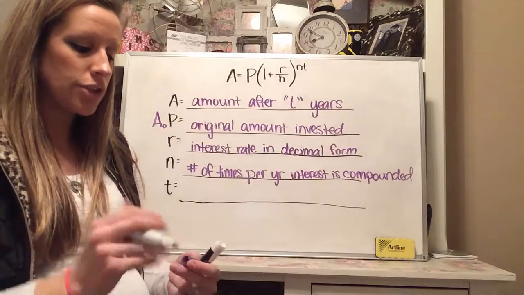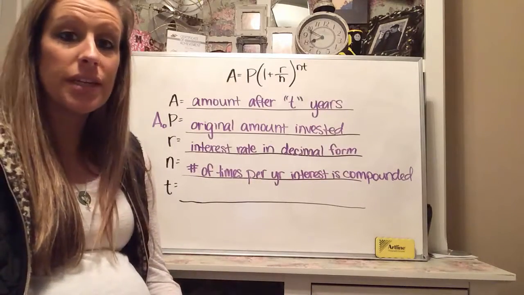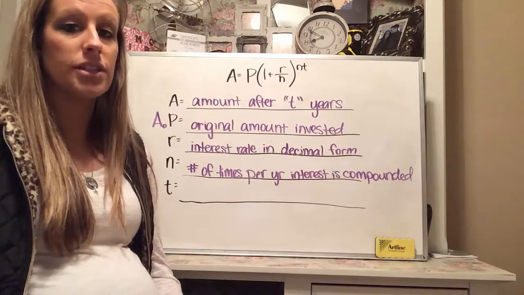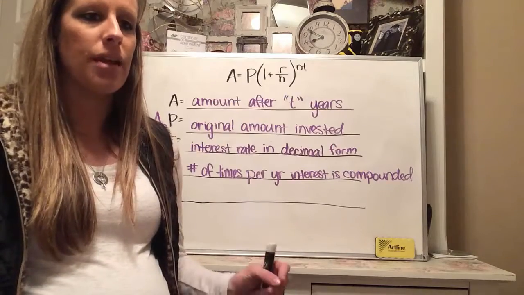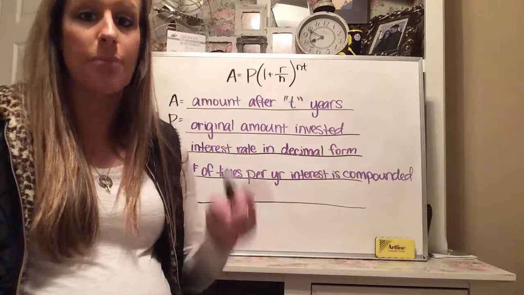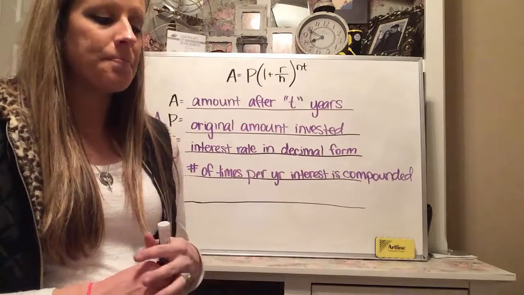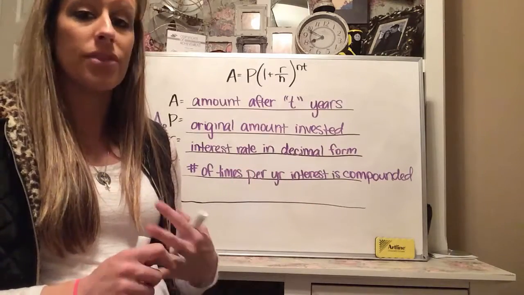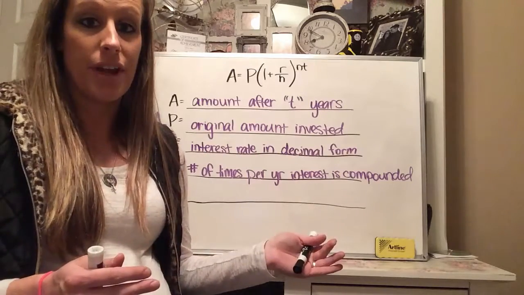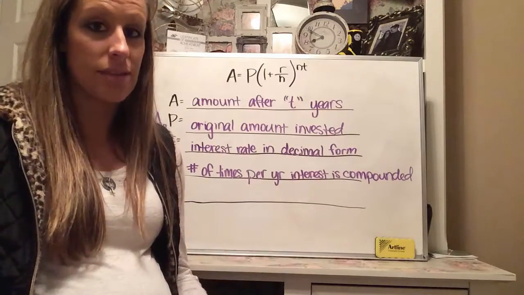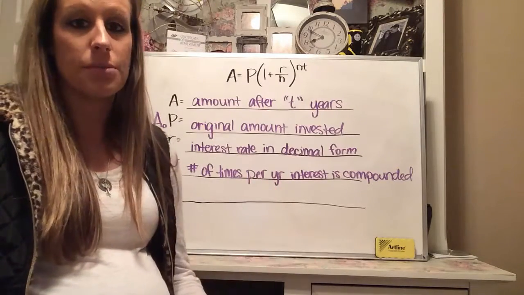So if it tells you that your account pays annually, you're going to ask yourself, if it happens annually, how many times does that happen every year? And it'd be once. It happens once a year. Annually means every year. It'll say monthly. So how many times would that happen every year? There's 12 months in a year. So the N would be 12 if it's monthly.